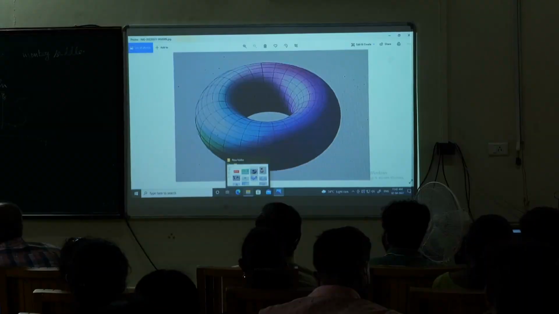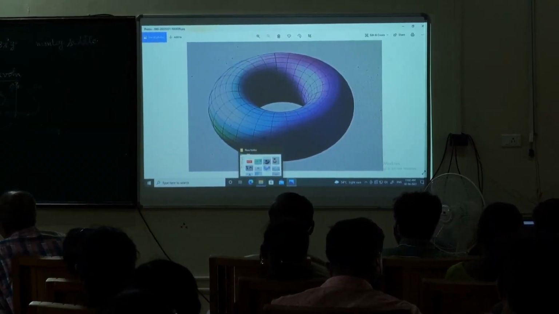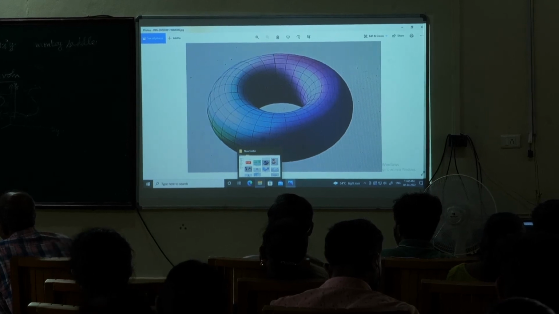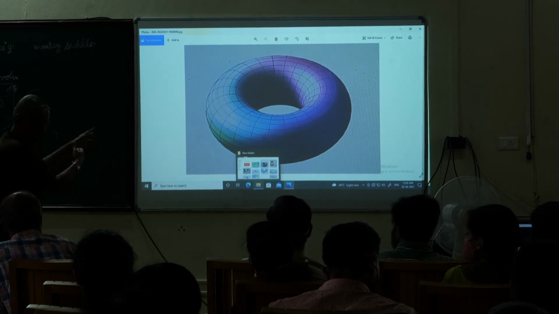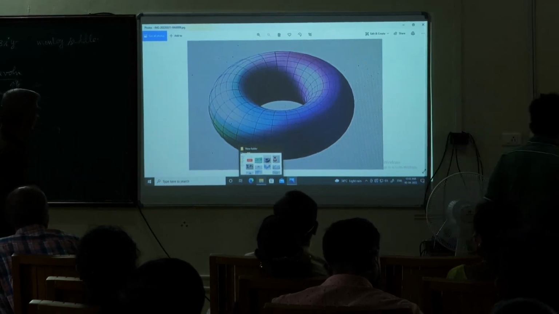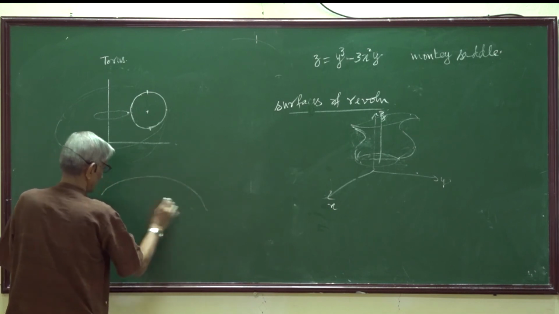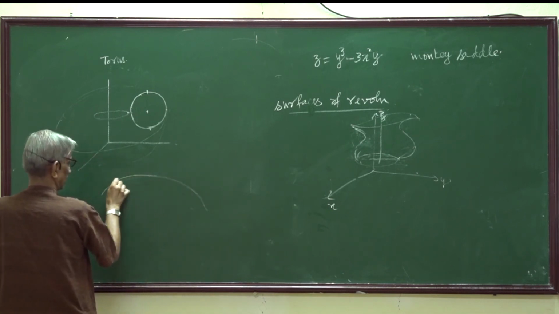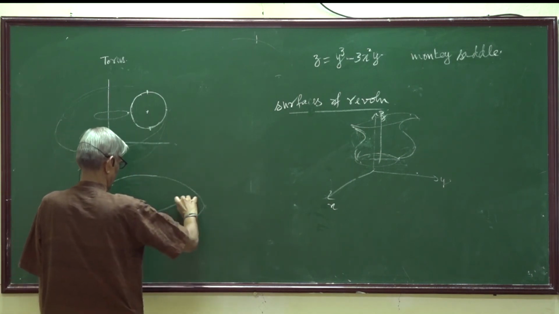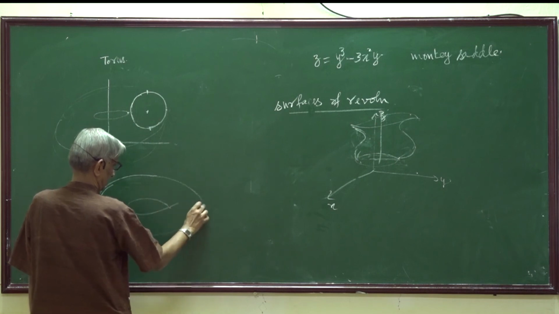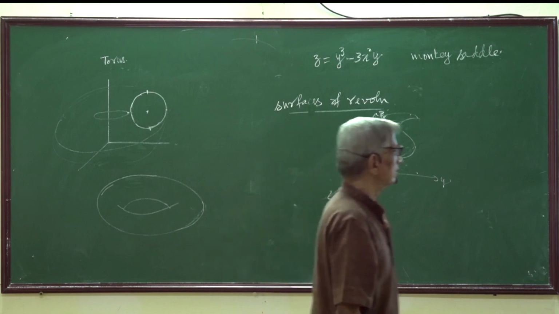Okay. So there is a picture of the torus there. You will have something like that. Yeah. There will be another picture which shows the axis and rotation. So you will have a picture like this. You have it? Yeah. Okay.